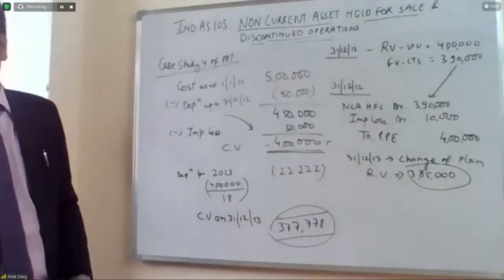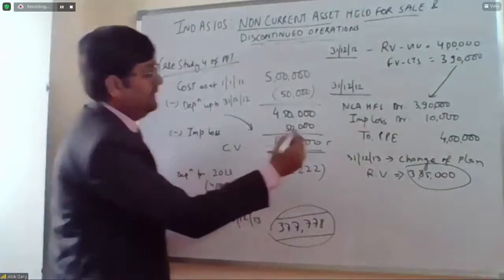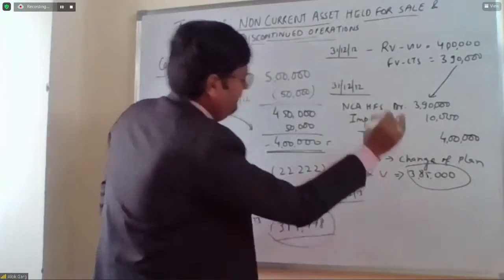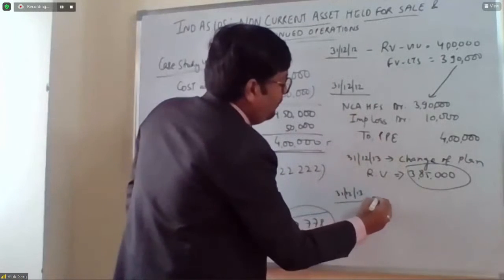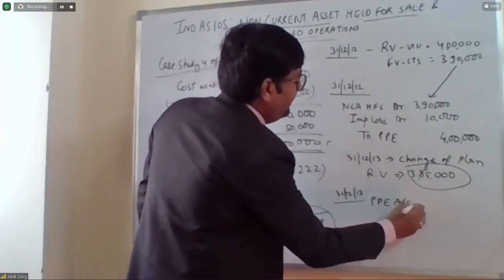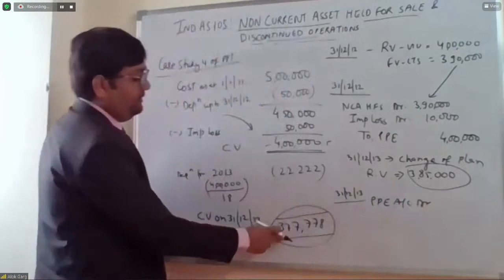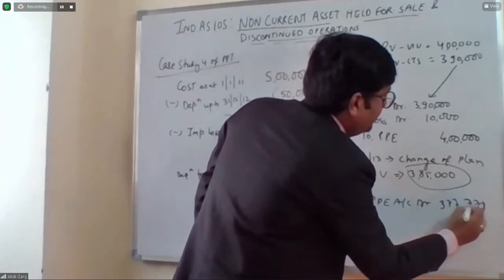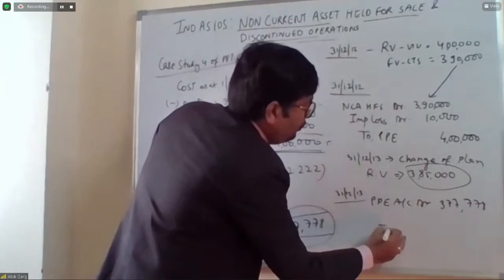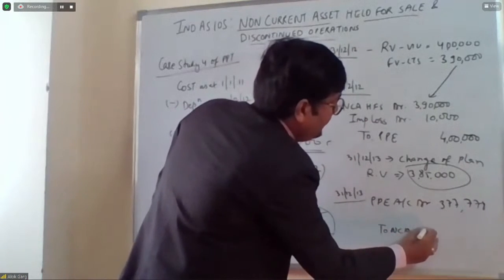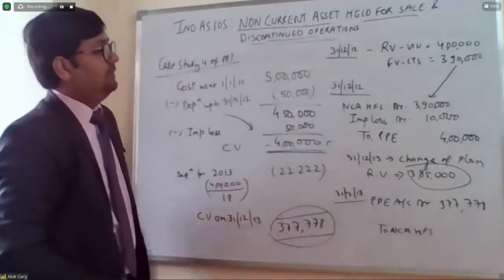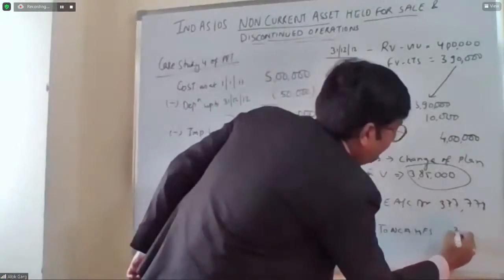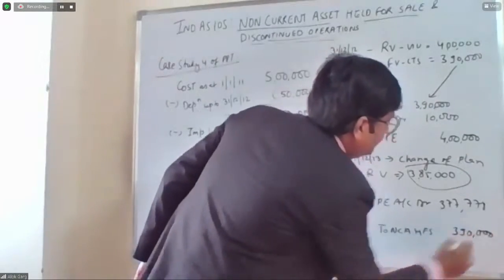Now the entry will be on 31st December 13. The accounting entry will be PPE account debit. PPE account debit by how much amount? Lower of these two. 377,778. To non-current asset held for sale will be credited by 3,90,000, because the depreciation has been stopped after that.